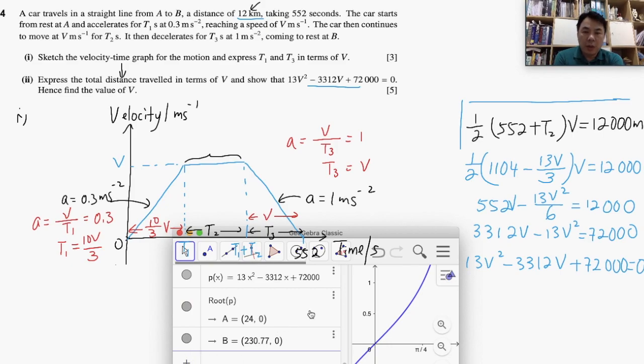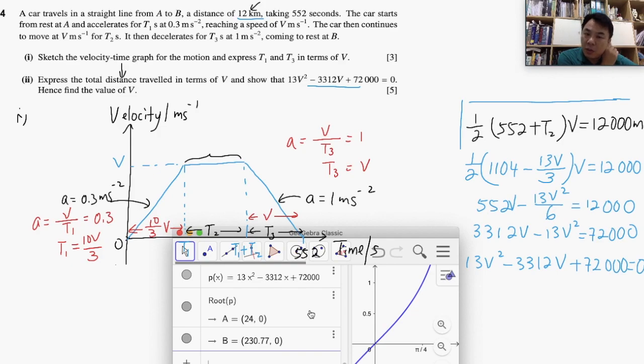Okay, so we have two velocities here. We managed to find v as 24 or v as 231. Right?